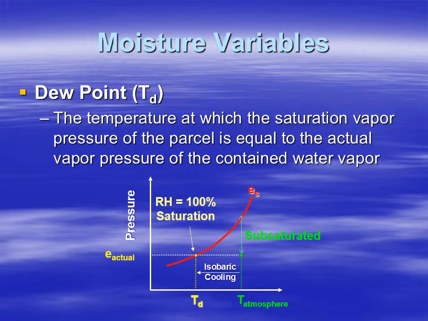So if you cool the air, you're moving horizontally to the left until finally that green dot moves over to the left to intercept that curve. And at that point, the temperature is now equal to the dew point. It's a colder temperature, and we've reached saturation. So at that point, where the actual amount of water vapor is equal to the saturation amount on that red curve, that's where you have 100% relative humidity.